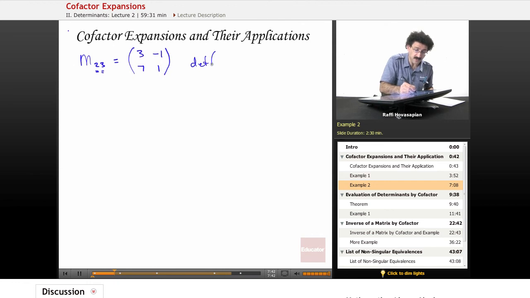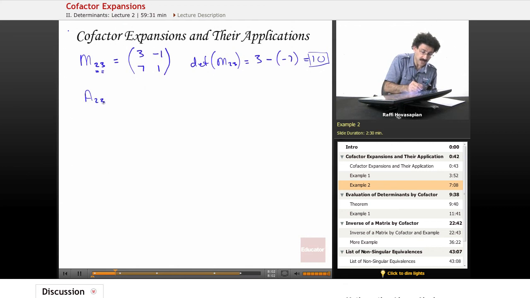When we take the determinant of M23, it is 3 times 1 minus negative 1 times 7, which is 3 plus 7. We get 10, so that's our determinant. And now our cofactor A23 is equal to negative 1 raised to the power of 2 plus 3, the row plus the column, times our determinant. Minus 1 raised to the 5th power is minus 1, so you end up with minus 10.